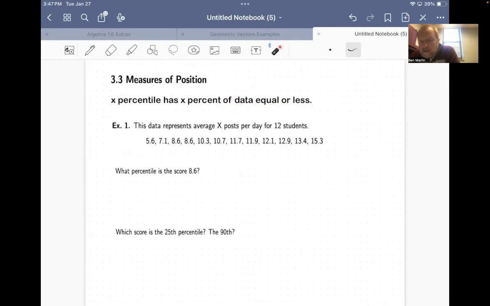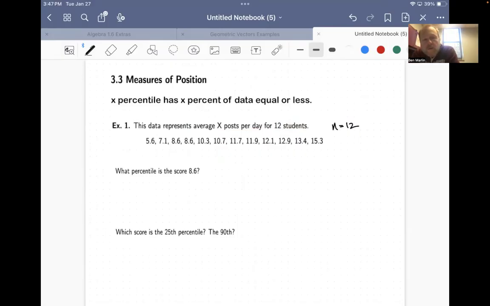Now, realize that this does lead to there being a little bit of ambiguity, especially when you've got scores that are repeated. And if I remember right, this example purposely points up that sort of confusion, right? So first thing on this one here, this data is representing average posts on X per day for 12 students. We know that we've got n equals 12 that we're dealing with out of our data here, okay?